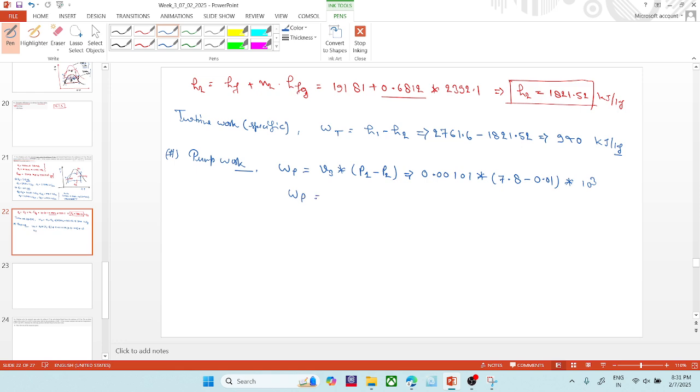So the pump work I get from here is 199.67 kilojoule per kg. Based on this pump work, I can calculate the enthalpy at point 4. H4 is equal to H3 plus pump work. H3 value I have is 191.81 plus pump work.